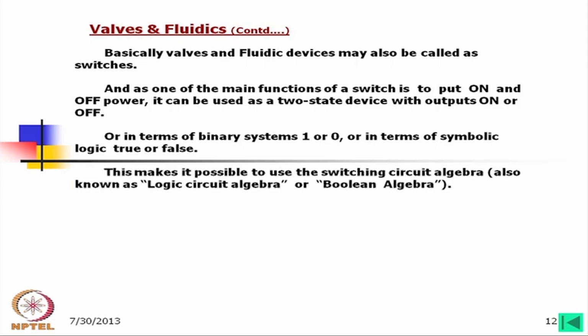This makes it possible to use the switching circuit algebra, also known as logic circuit algebra and Boolean algebra. We will learn this topic separately in a different lecture later in this course.